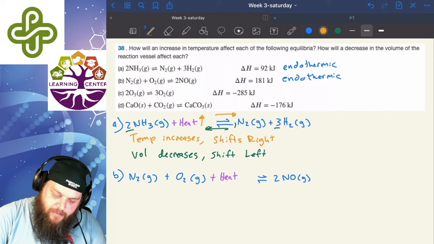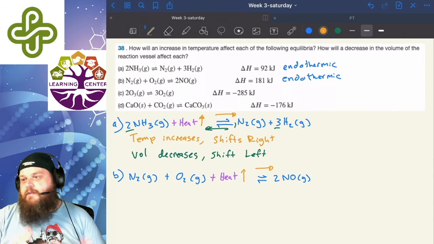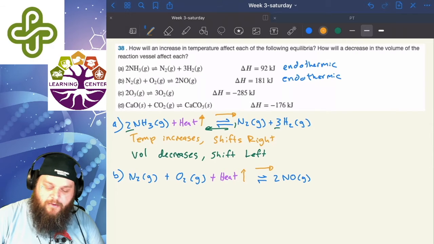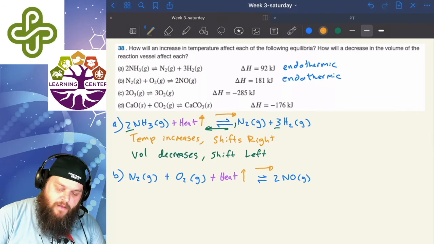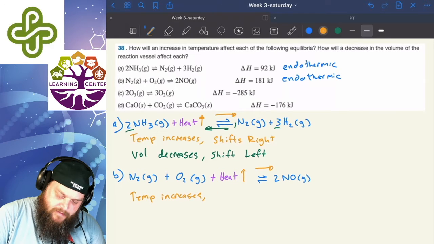So as before, if the temperature goes up, we're going to drive that to the right. Again, heat's a reactant, so if it increases, we're driving it to the product side, creating more product to balance out the increase in reactants. The temperature increases, it shifts right.